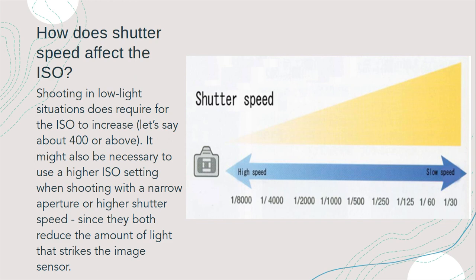So it affects the ISO so you can see the image more clearly, basically. I think that's the point it's trying to make here.